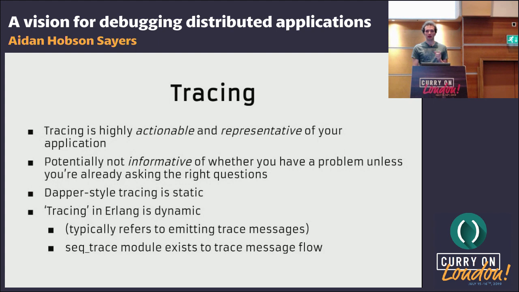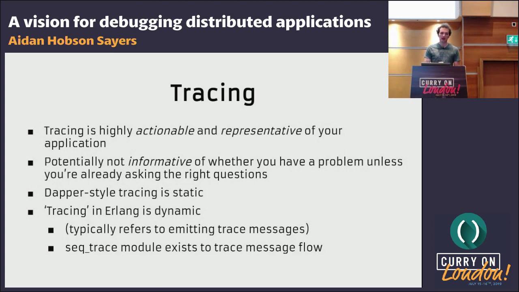Tracing in Erlang is dynamic, which may make sense due to the nature of Erlang, and typically is a little different to Dapper style tracing in that it will refer to emitting messages rather than following a request through the system.